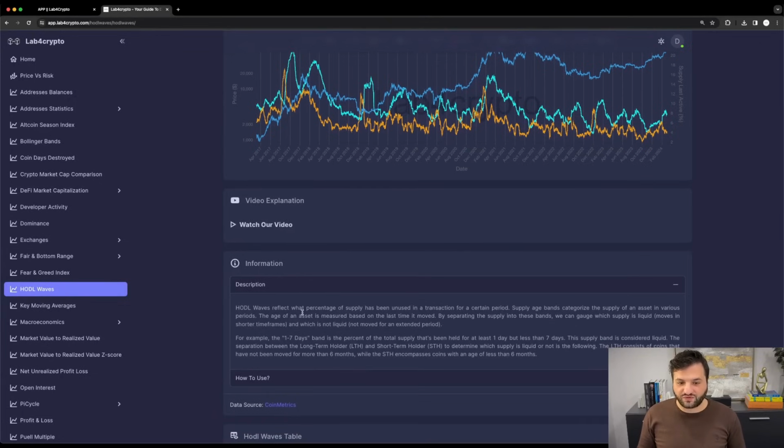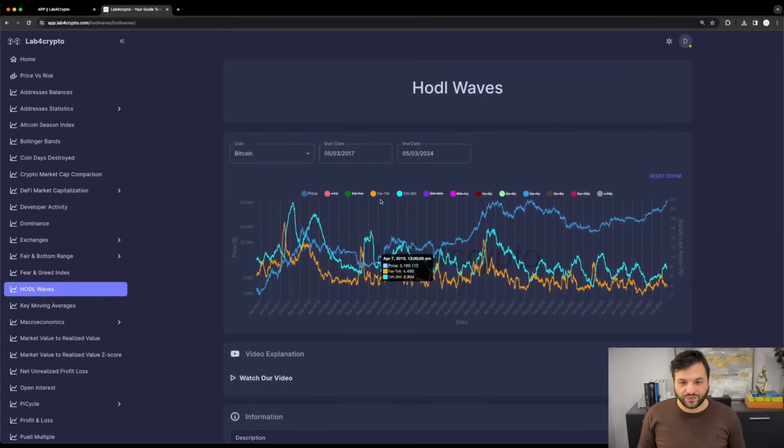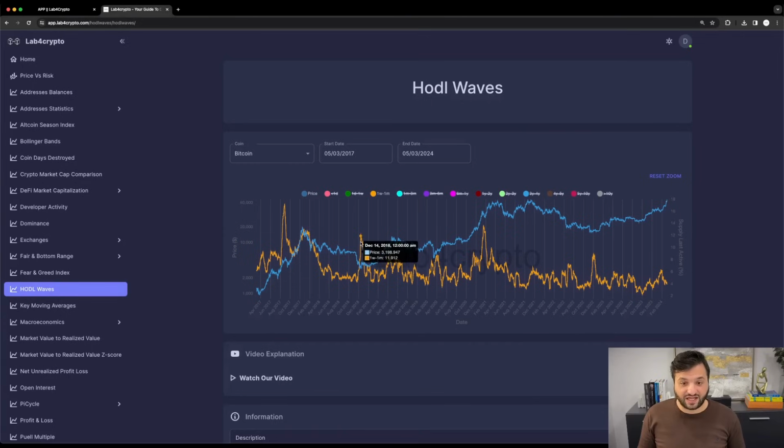Hodl waves reflect what percentage of Bitcoin supply in this case has been unused in a transaction for a certain period of time. So when we have the 1 week to 1 month period, that is the percentage of the Bitcoin supply that has not moved between the period that we see, which in this case is the 1 week to 1 month.